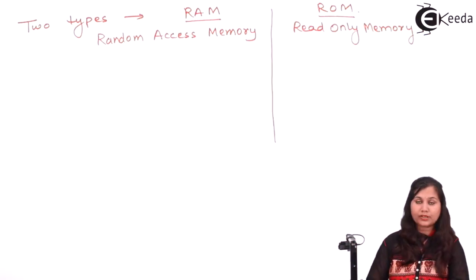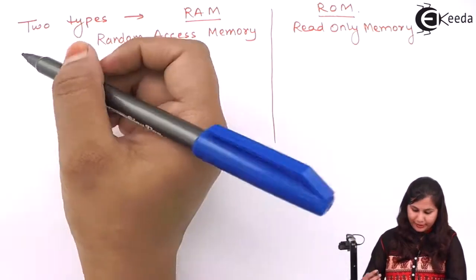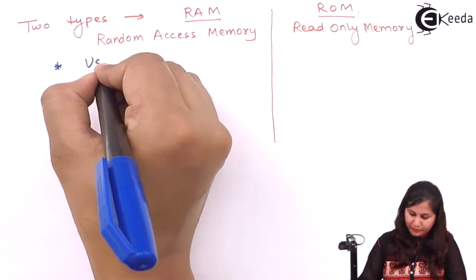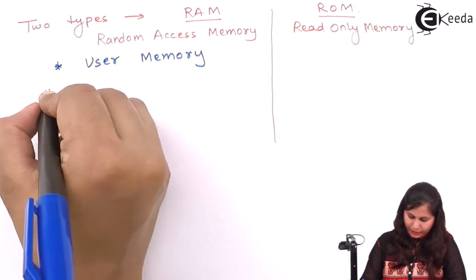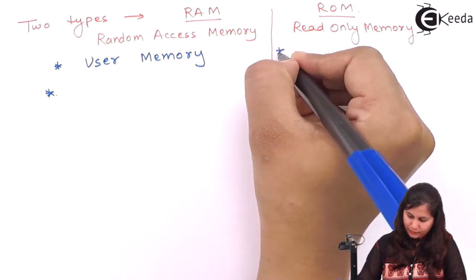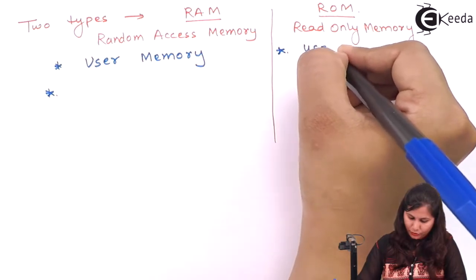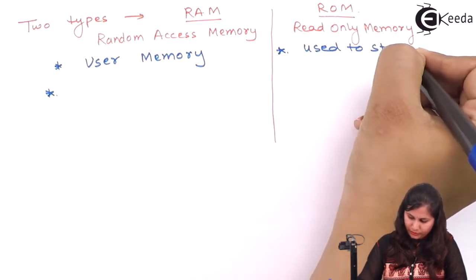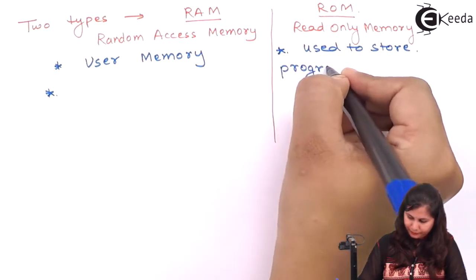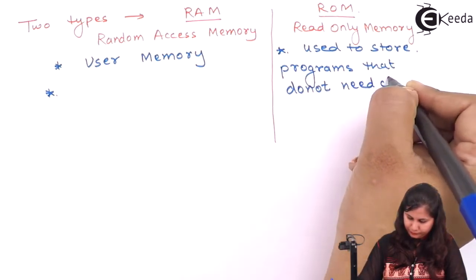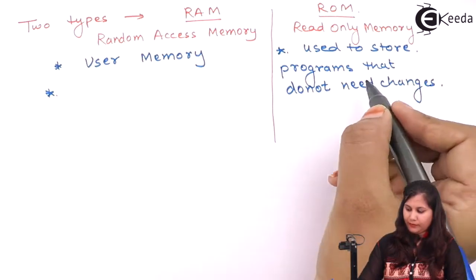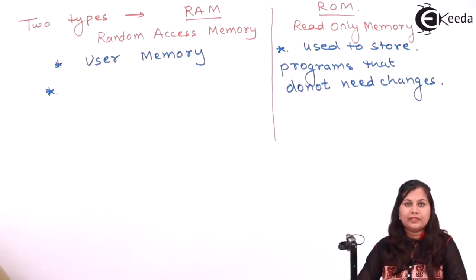Now, what are the uses of the RAM and ROM? RAM is the user memory, whereas ROM is used to store the programs that do not need changes.